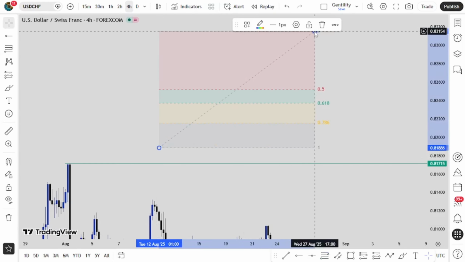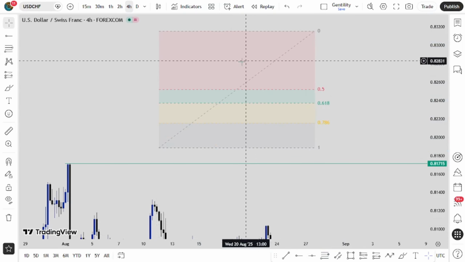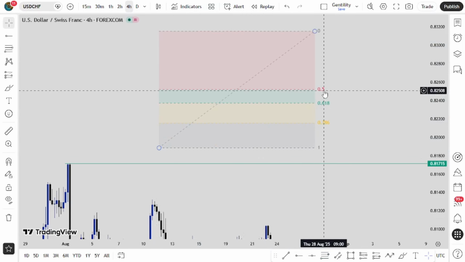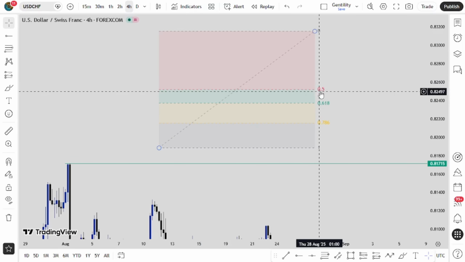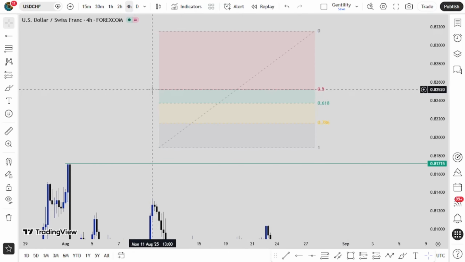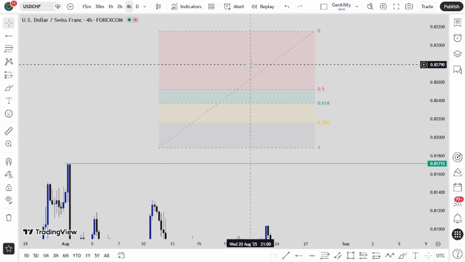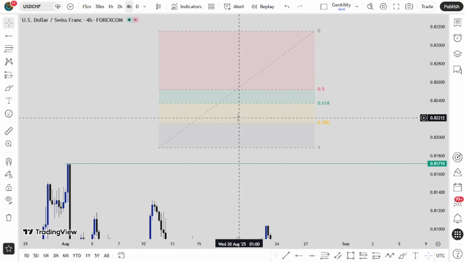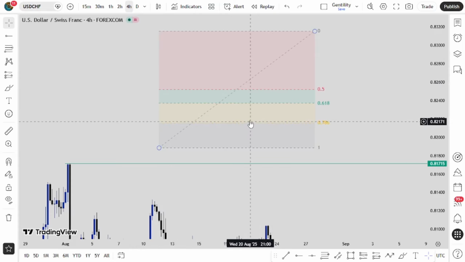Let me draw it this way. Now this is our 0.5, or we can call it the 50% retracement zone. Okay, now this tiny line at the middle is what is differentiating the premium zone from the discount zone. Anything above here is the premium zone, and anything below here is the discount zone.